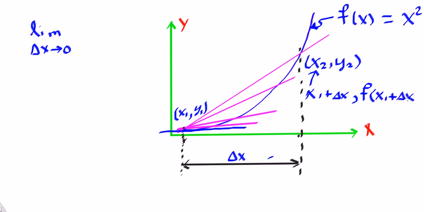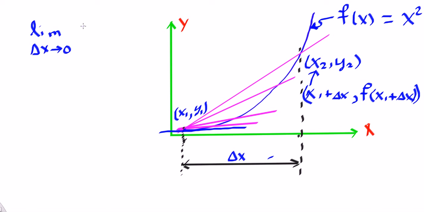So the coordinates here that we're going to use are actually x1 plus delta x and f of x1 plus delta x. Okay, so let's now apply y2 minus y1 over x2 minus x1.